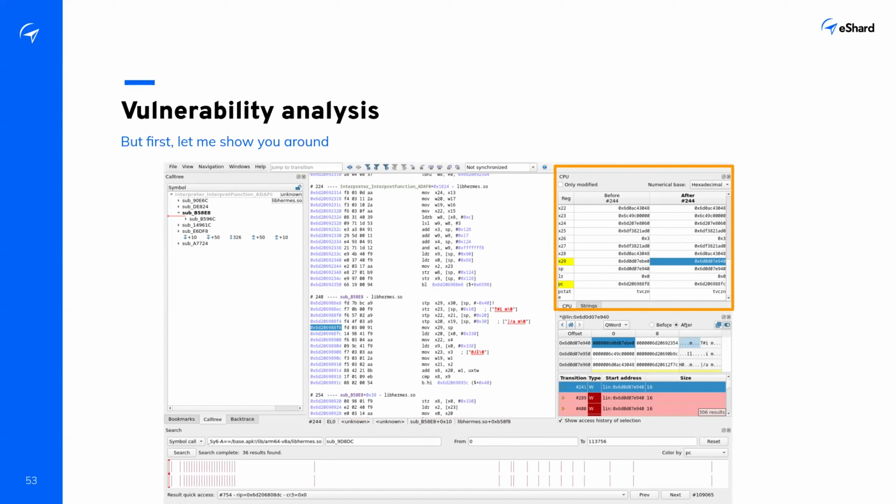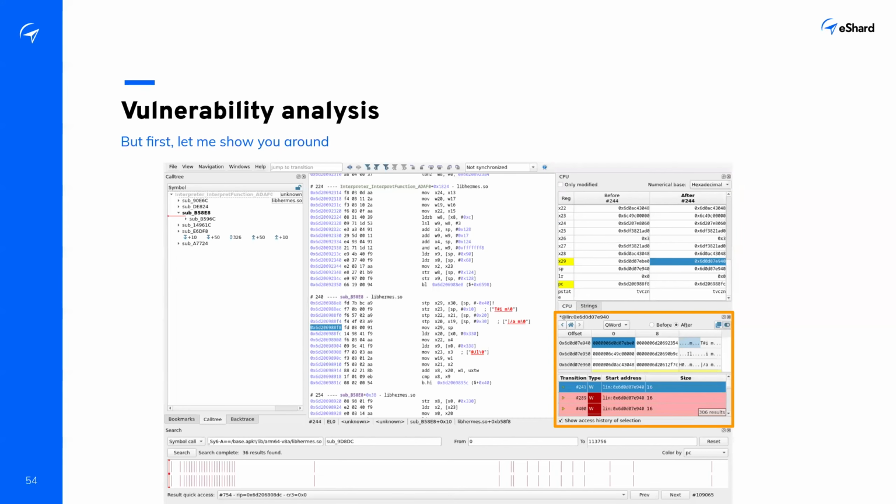You also have highlighted in yellow the different registers that are going to be impacted by that instruction. You have the memory view that is similar to the CPU's state. You can see before and after the execution of that instruction, and you can browse the entire memory. You can also have a look at the access history of the selection.